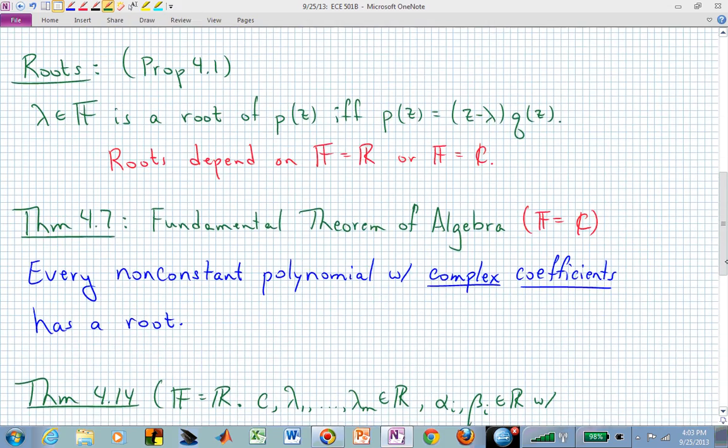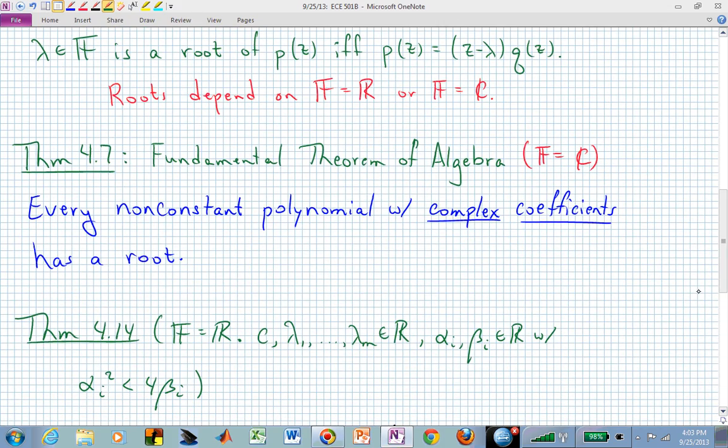Another key result is theorem 4.7. Obviously, it's key if they call it the fundamental theorem of algebra. And now you have to realize that this field of numbers is complex, but that fundamental theorem of algebra states that every non-constant polynomial, so it's a polynomial that's more than just a sub 0, it's a sub 0 plus a1z, it's at least that elaborate or complicated.